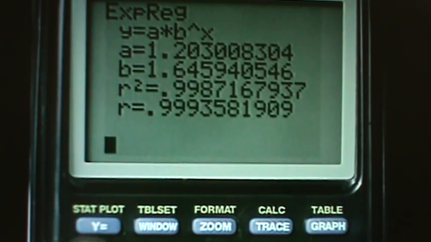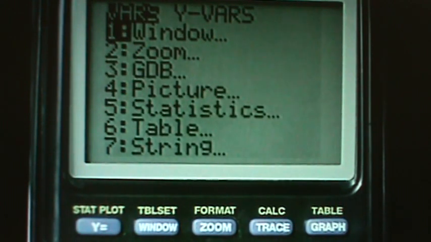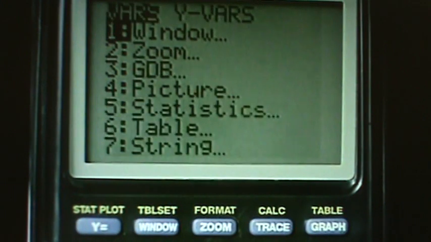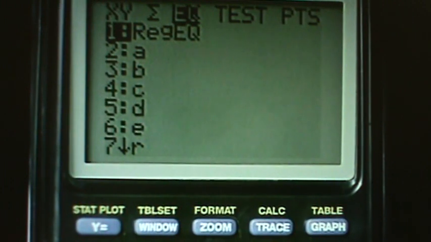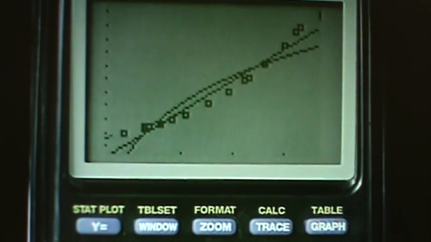We are going to press y equals, and then we'd like to cursor down to y3, and then we want vars, item number 5, right, and enter, and there we have our third equation and the graph.